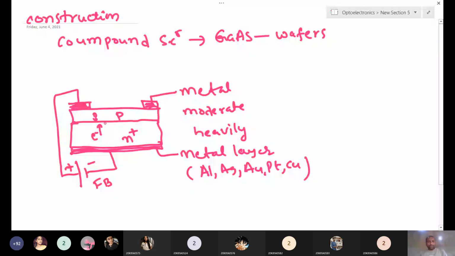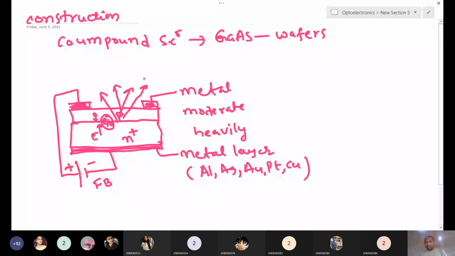This is the loss of energy or excess energy, emitted in the form of photons. So the photon color will depend on what type of band gap material we have taken.